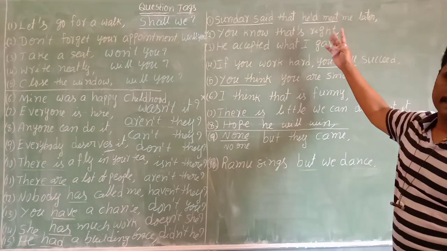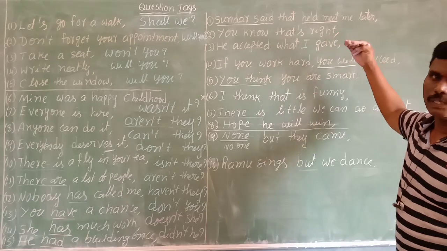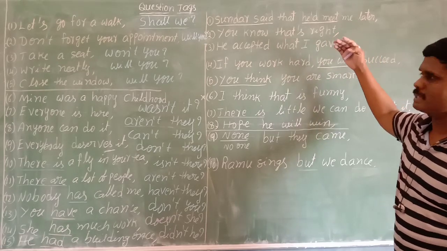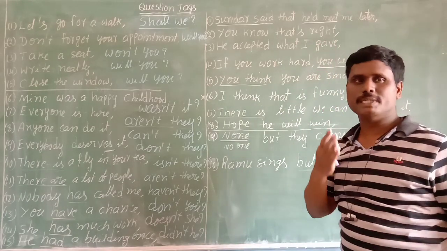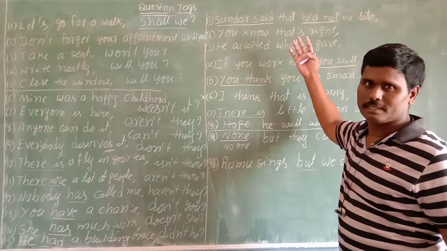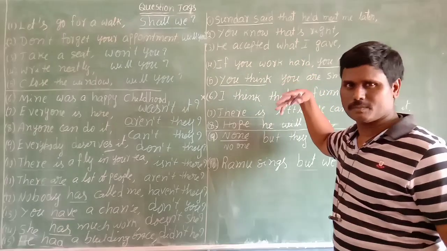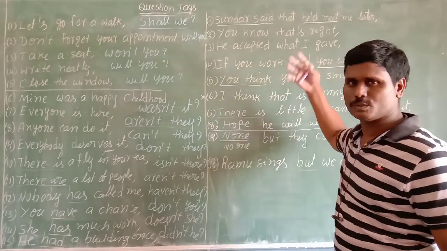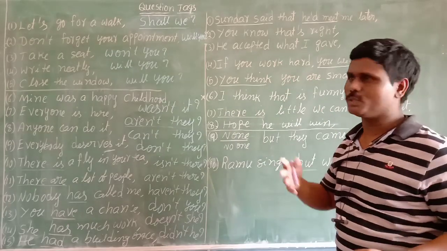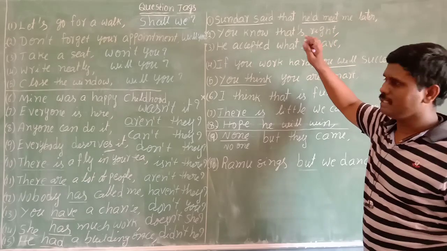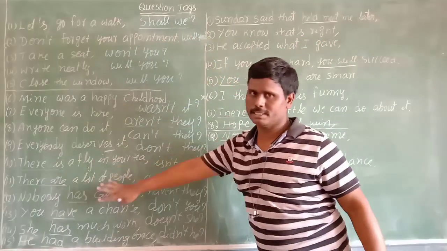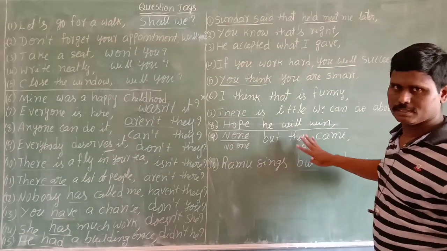Now, about complex sentences. So advanced, very advanced students, especially higher level examinations, any state public examinations, any state service commission examinations or group 1, group 2 or bank POs, in all these examinations, whenever the question tag topic is given, they don't ask about all these things, they ask about these things.